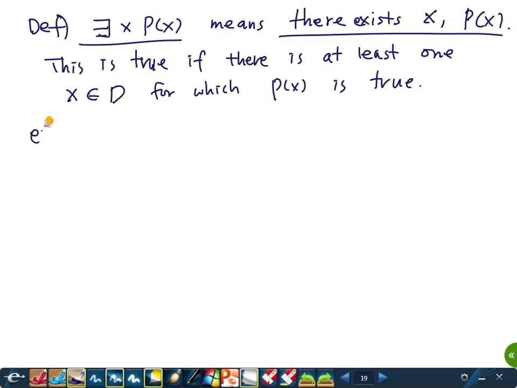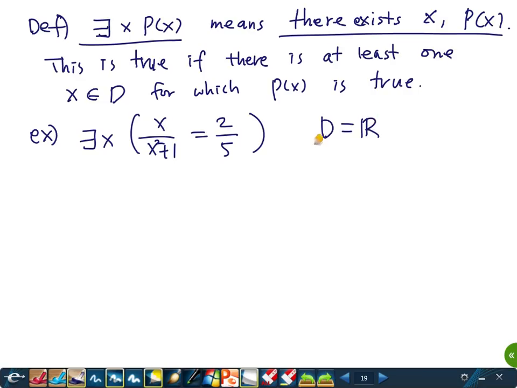So let's see an example. There exists x such that x squared plus 1 equals 2 over 5. The domain of discourse is R. We always have to specify the domain of discourse. Is this proposition true? Can you find a real number x such that it is true? Yeah, it's true.